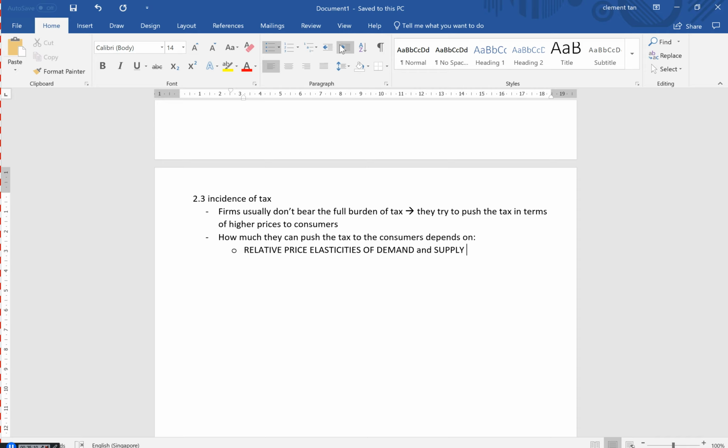Okay, so let me just explain a few stuff. Now, the burden of the tax on consumer and firms would depend on the loss of consumer surplus, CS from now on, and producer surplus, PS.